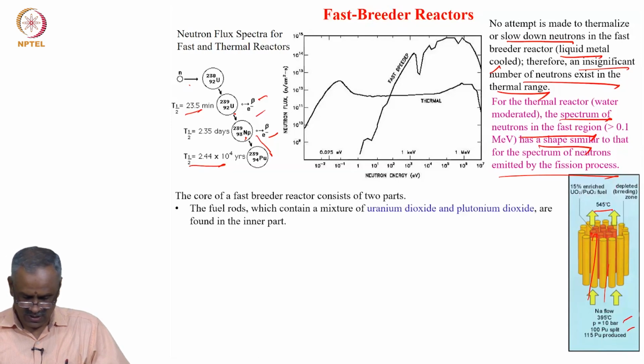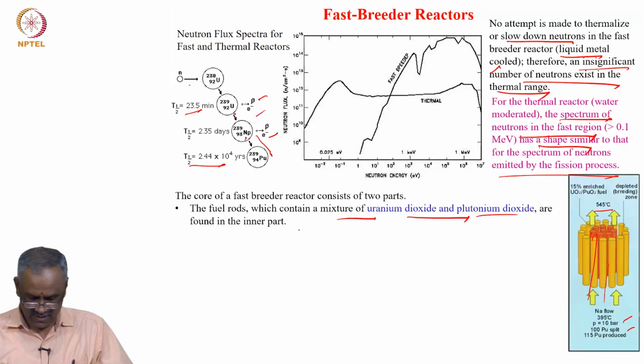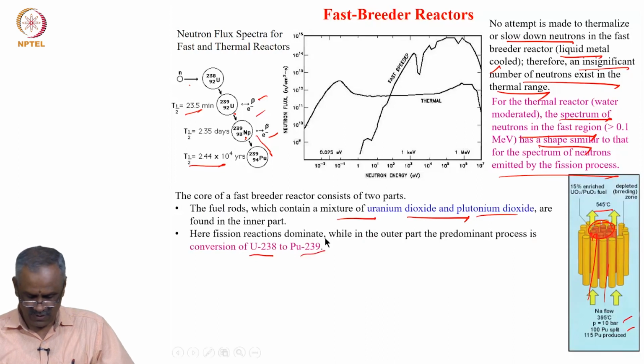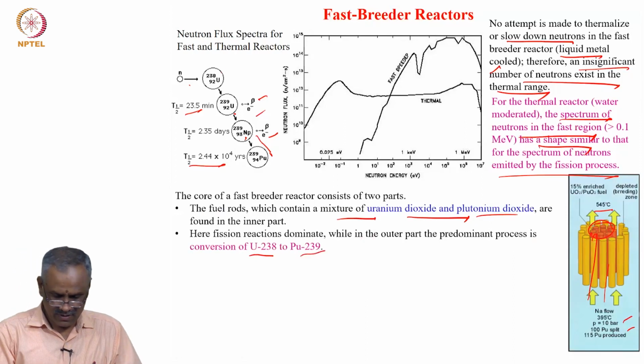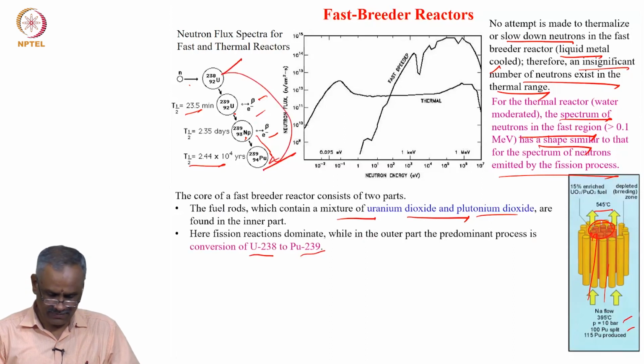The fuel rods contain a mixture of uranium dioxide and plutonium dioxide. They are the inner parts here. Fission reaction dominates here, while in the outer part the predominant process is the conversion of U-238 to Pu-239.